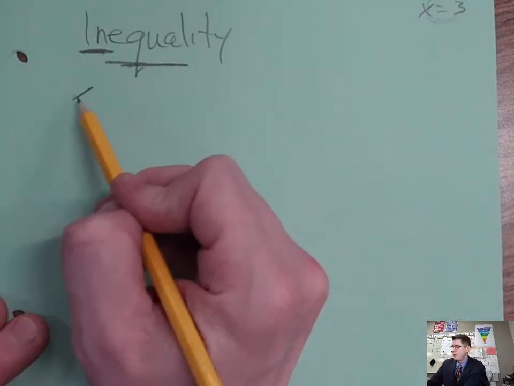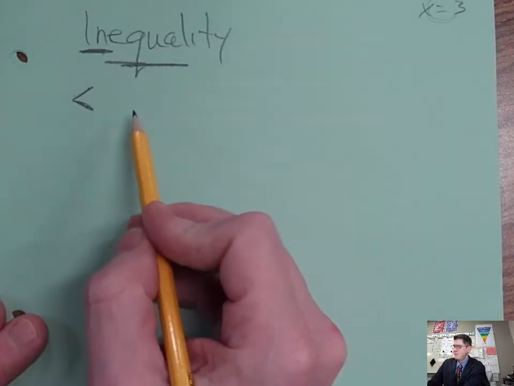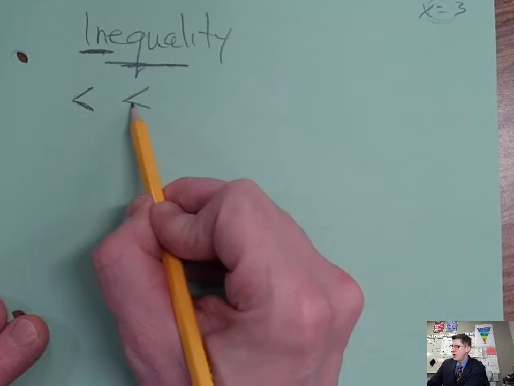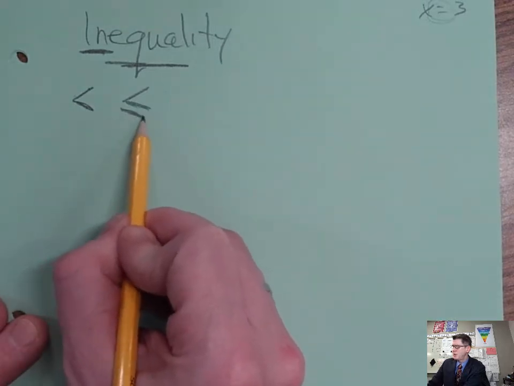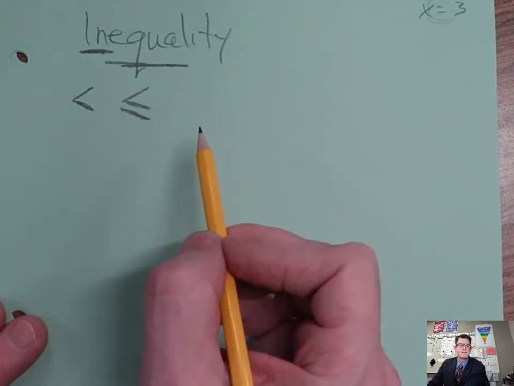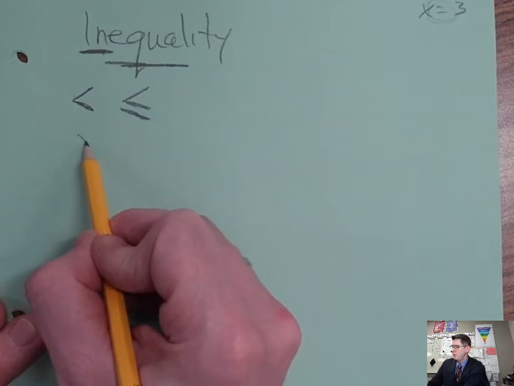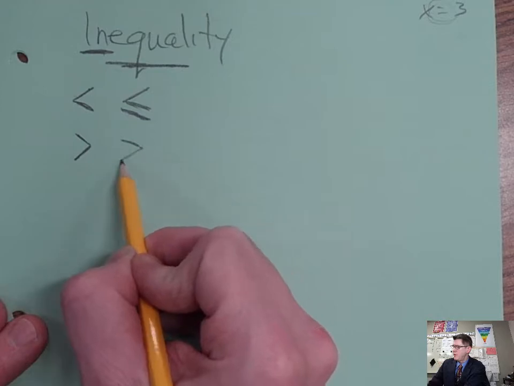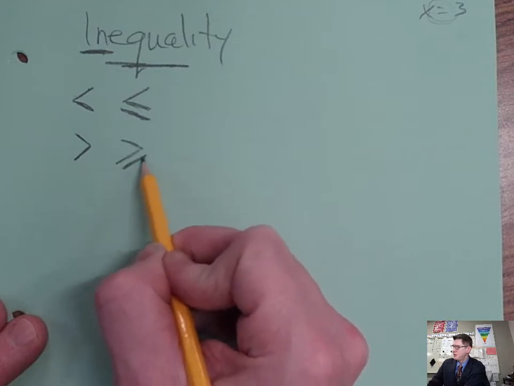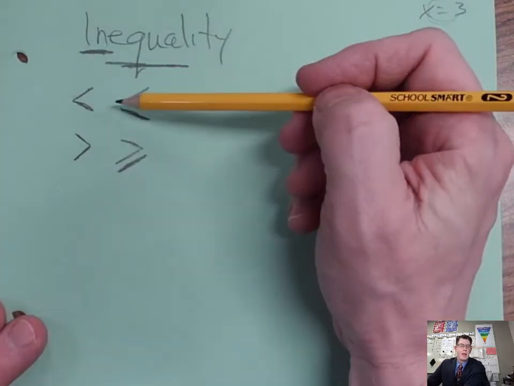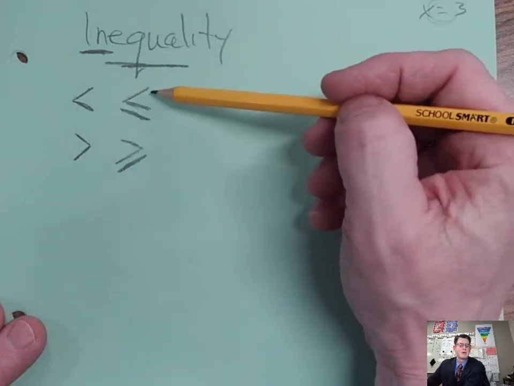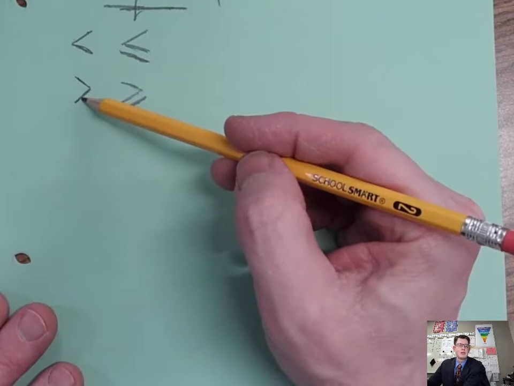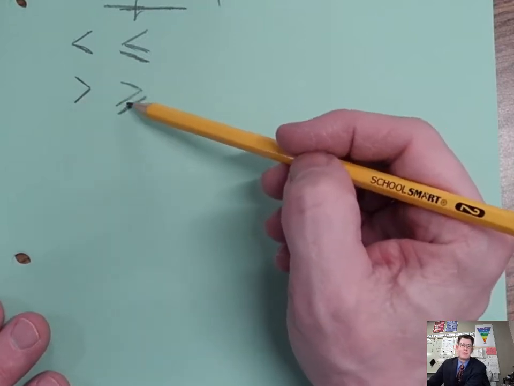For example, this symbol right here, or this symbol, and sometimes there's an equal with it, or it'll be this sign right here, or this sign with, sometimes, an equal with it. This sign means less than, this one means less than or equal to, and this one right here means greater than. And this means greater than or equal to.